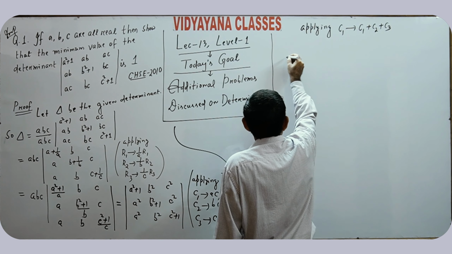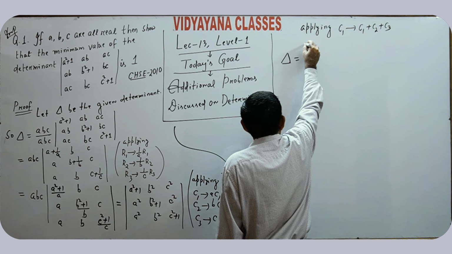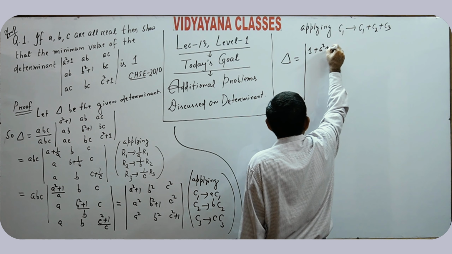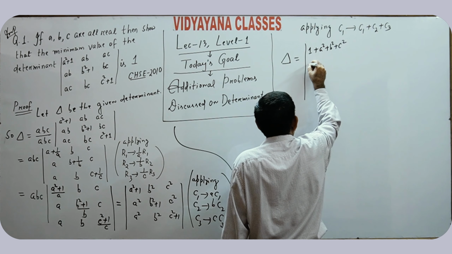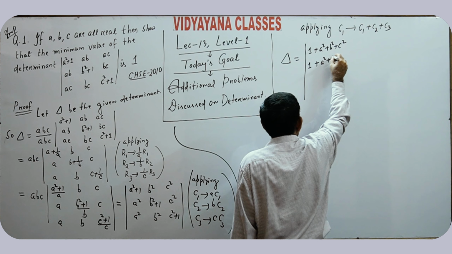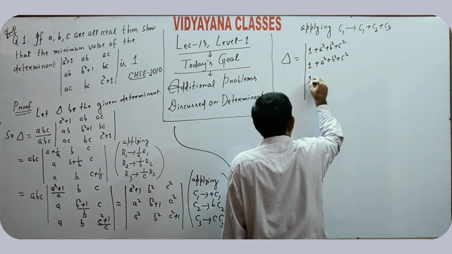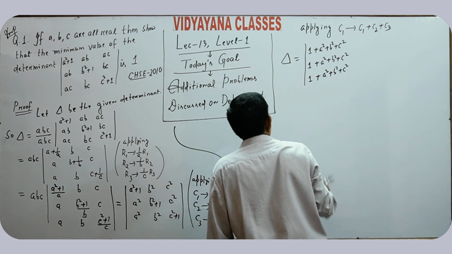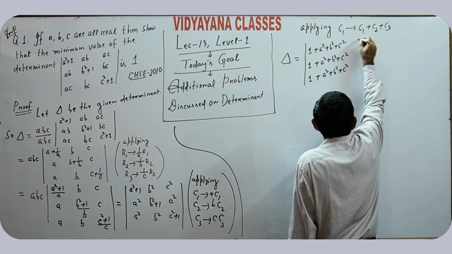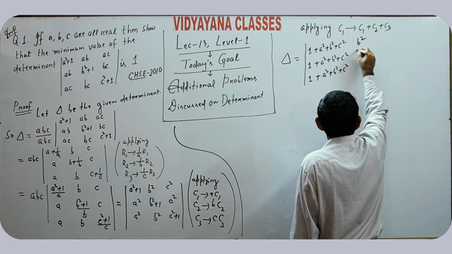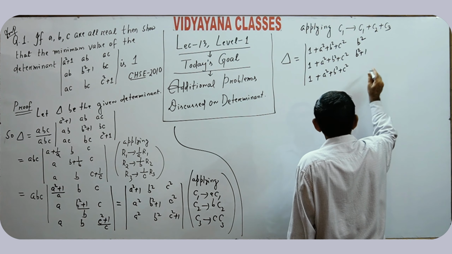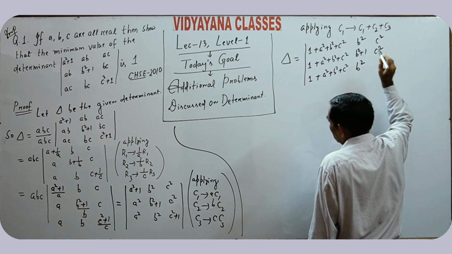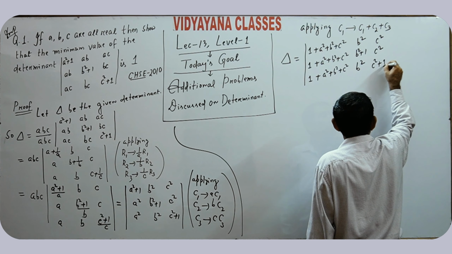The given determinant del is equal to 1 plus a square plus b square plus c square, in all three entries of column 1, then b square, b square plus 1, b square, and c square, c square, c square plus 1.